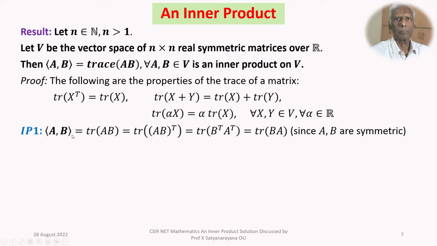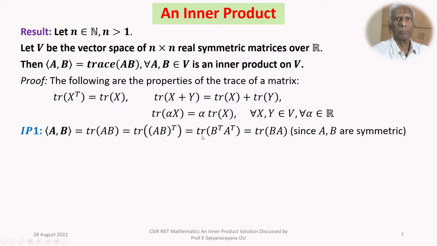Bracket of A comma B is equal to, by definition, trace of the product AB. That is equal to the trace of the transpose of the product AB, and we know the trace of X transpose is equal to trace of X. Therefore, trace of AB is equal to trace of AB whole transpose. That is equal to trace of B transpose A transpose, because AB whole transpose is equal to B transpose A transpose. That is the reversal law.